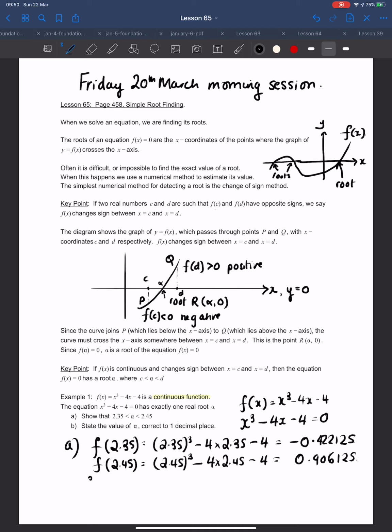So f of 2.35 is less than 0, f of 2.45 is greater than 0. Therefore alpha, the value that actually makes it 0, lies between 2.35 and 2.45.